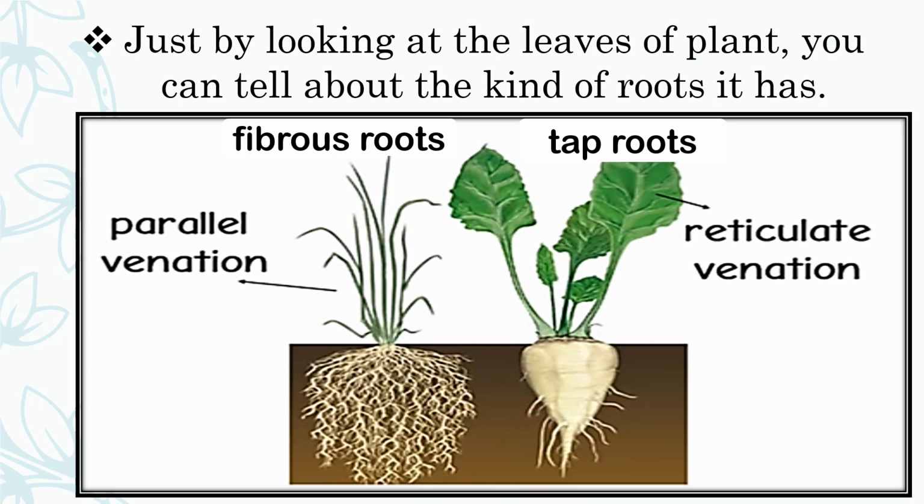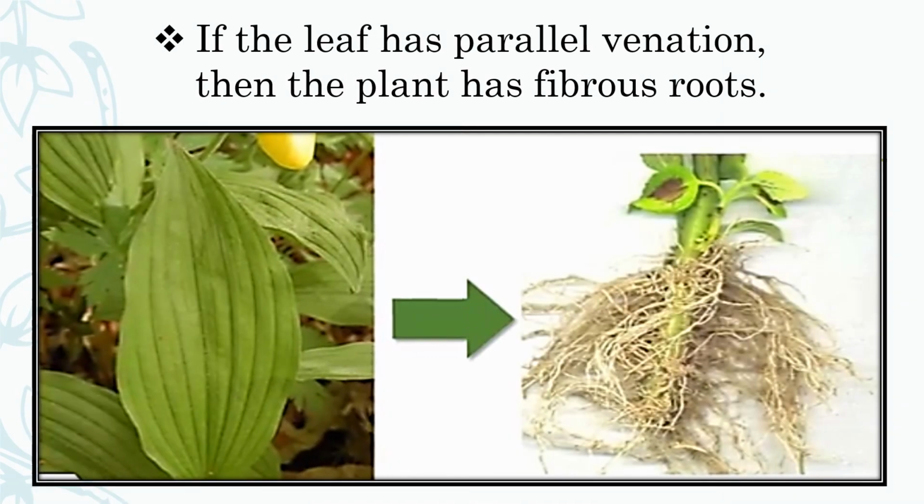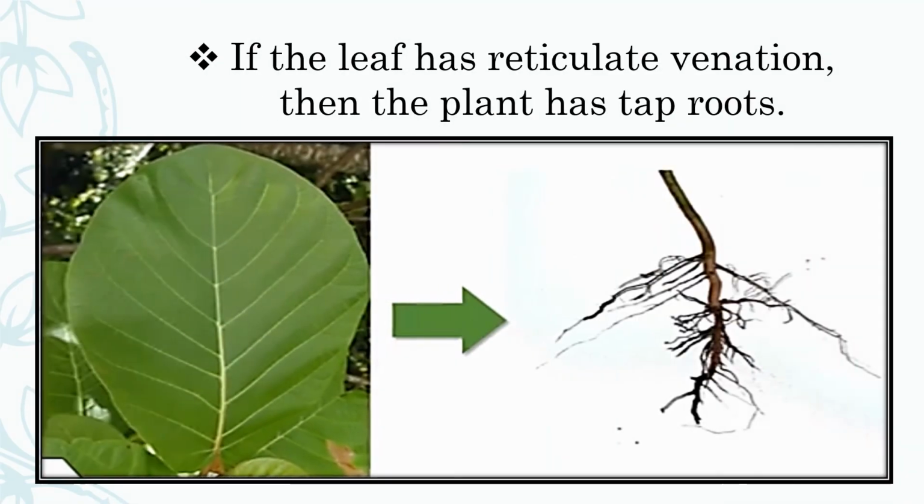So, we don't have to dig the soil, remove the plant and then look at the root. Just looking at the leaf, we can tell about the type of root it has. So, if the leaf has parallel venation, then the plant has fibrous roots. And if the leaf has reticulate venation, then the plant has taproots.